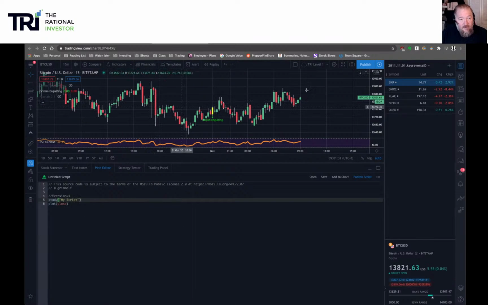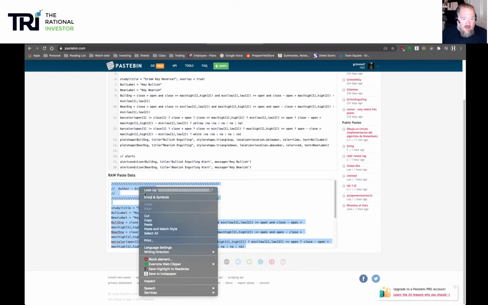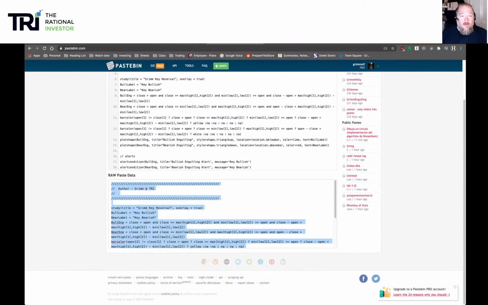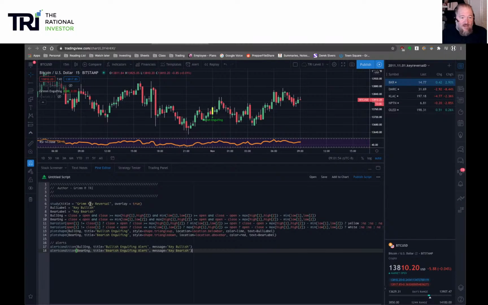When you come into here, you want to go to the raw paste data. You can do Control A, or for Macs, Command A to select all. It'll be Control A if you're in Linux. Then copy that, highlight everything in the Pine editor, and paste right over the top of it. Save that, give it your name, and you can add it to the chart and it'll show up there.